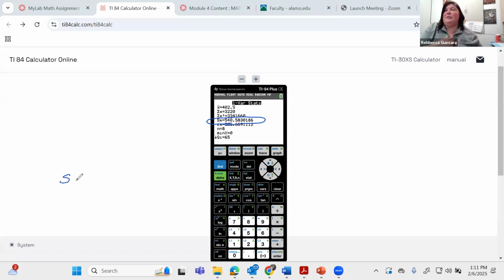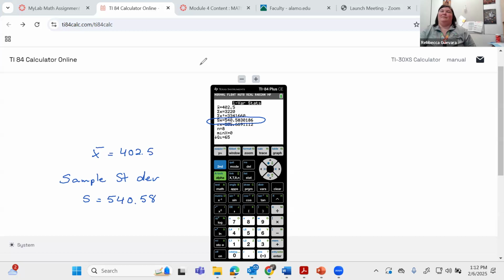So as far as the sample standard deviation, which we're going to call s, rounded to the nearest cent, it's $540.58. I'd like to point out also that our mean is $402.05. Not 5 cents, I'm sorry, 50 cents. That would make a little bit more sense.